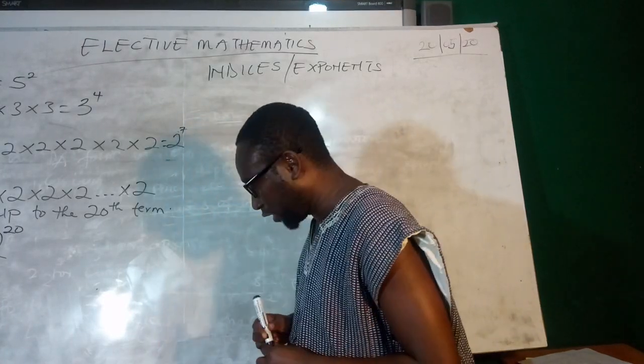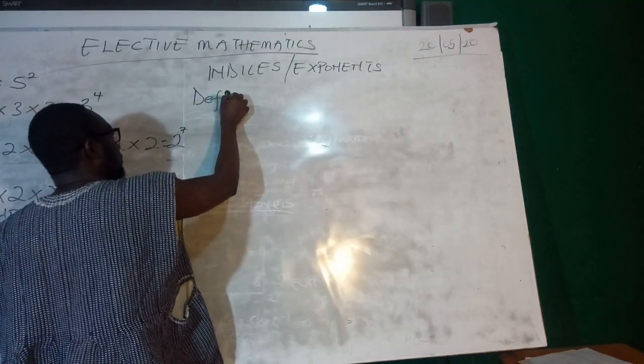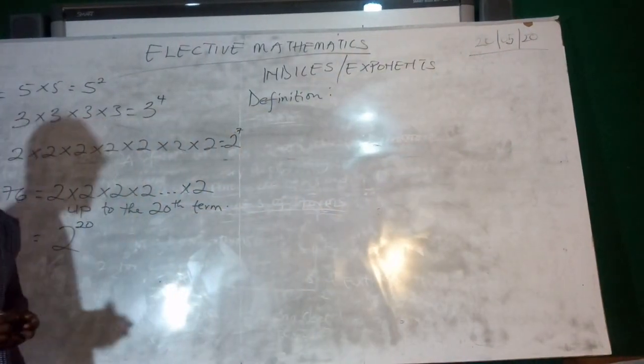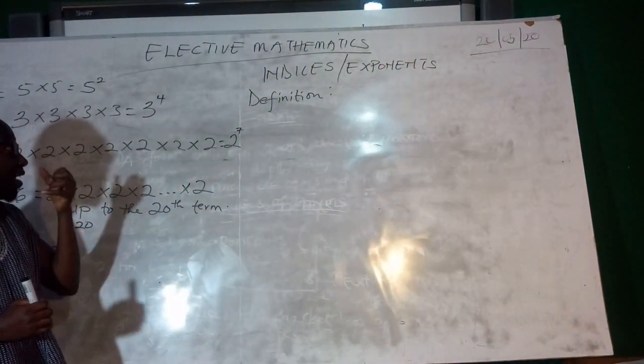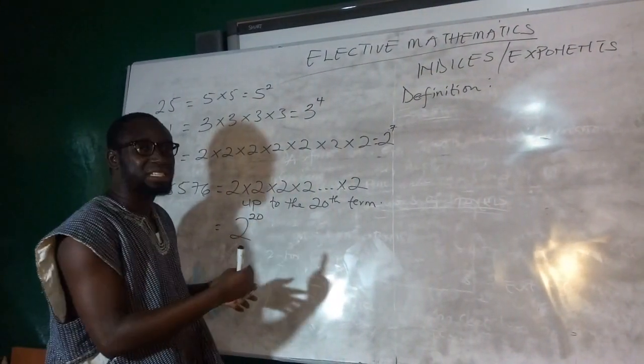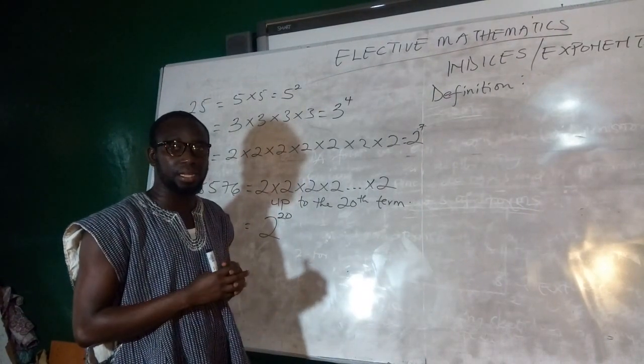So let's look at the definition for indices. As stated earlier, when we use a shorthand or a shortcut form of writing repeated products, we call it indices or exponents.